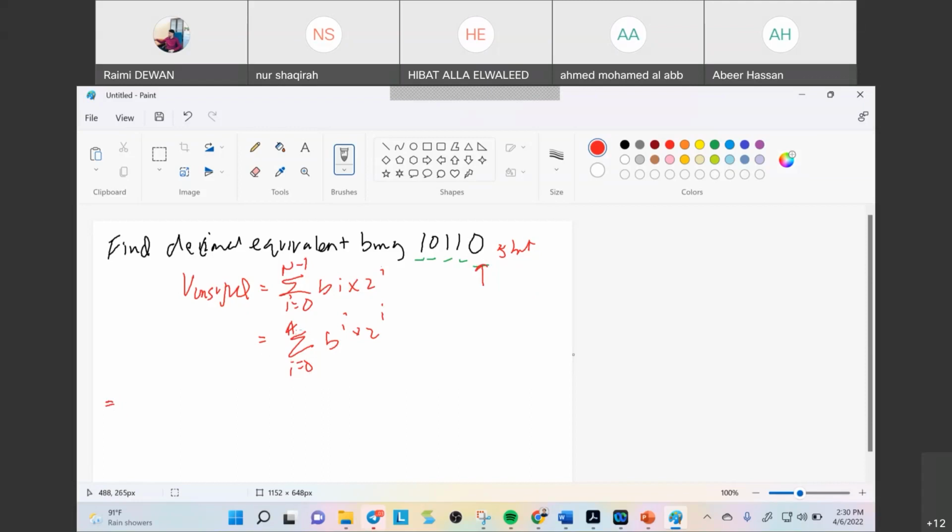So first is 4. So B4 times 2 to the power of 4. B at position 4 times 2 at position 4, that is 2^i. Then, because it's a summation, you need another plus.